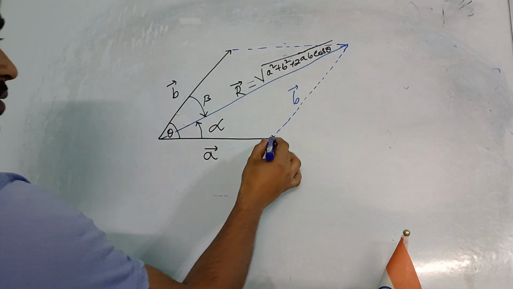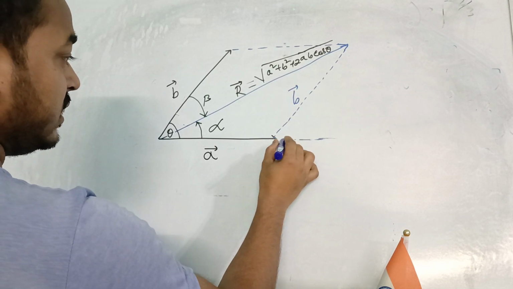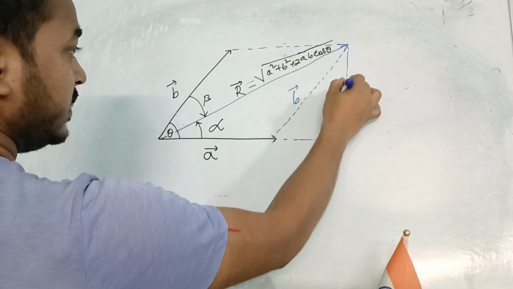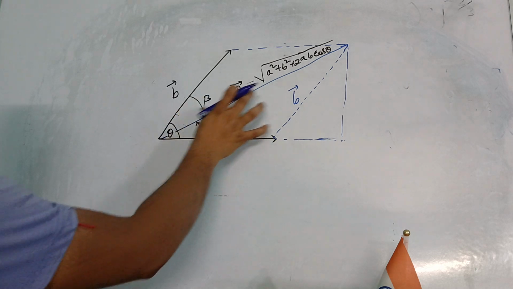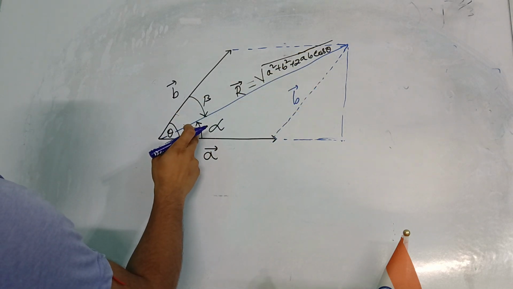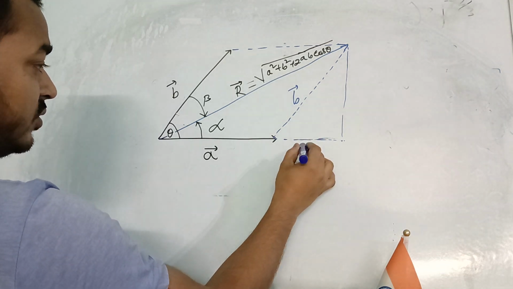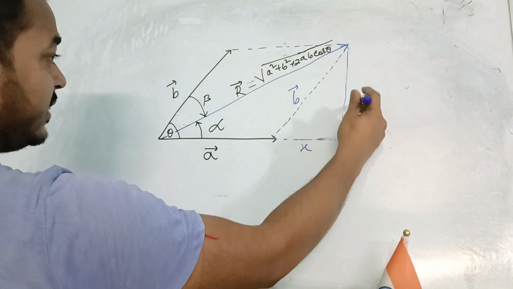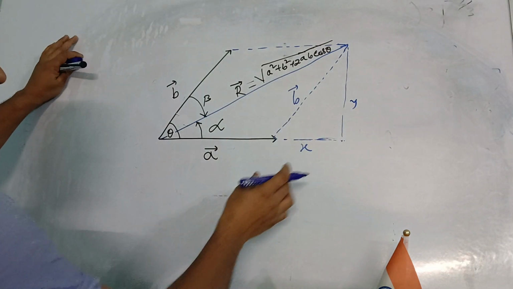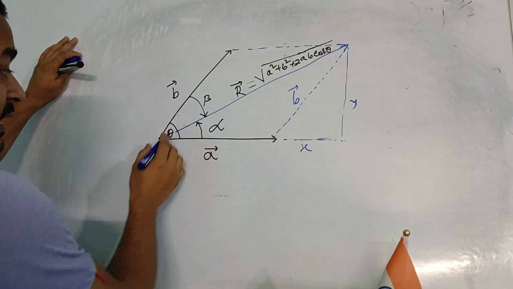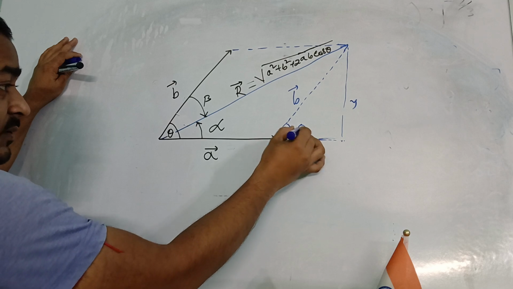To find alpha, we can do one thing. Let me extend this line up to here and draw a normal, a perpendicular. Then we can find the value of alpha. Say this distance, which we don't know, is x, and this height is y. From the previous lecture, if the angle between vector A and vector B is theta, then this angle is also theta.